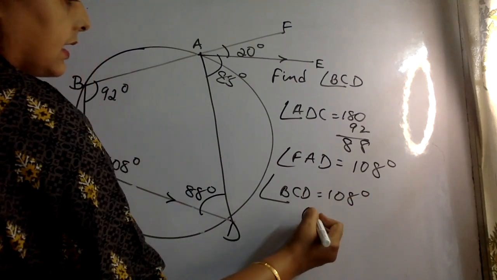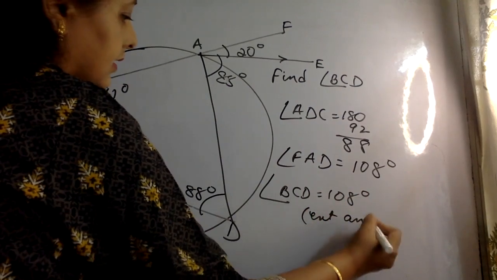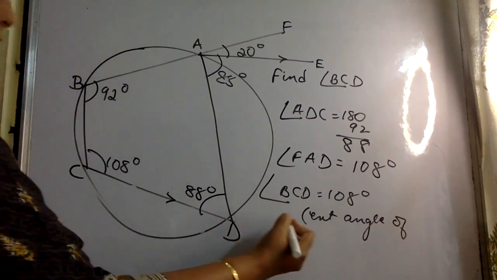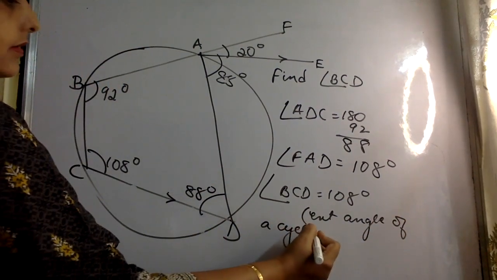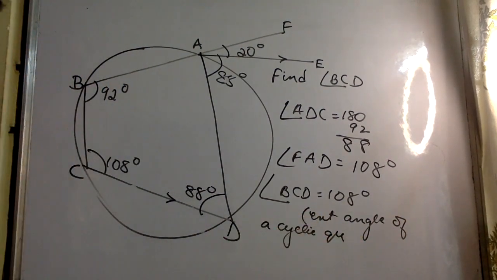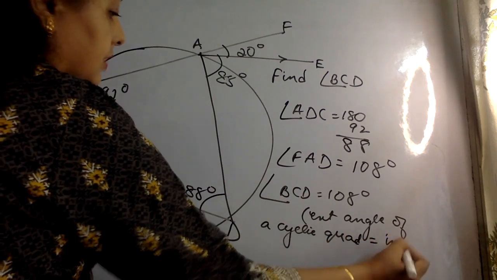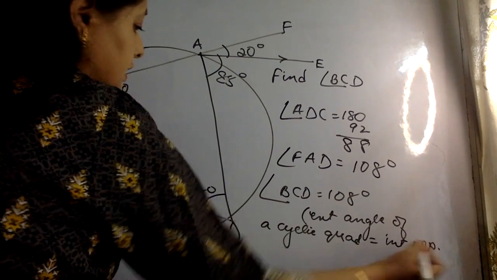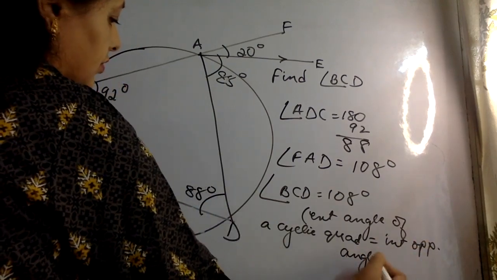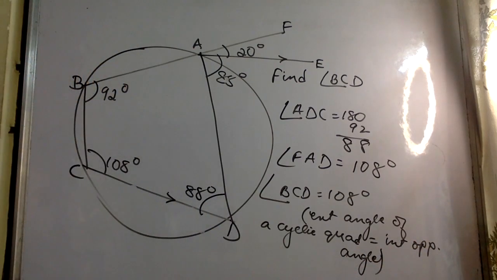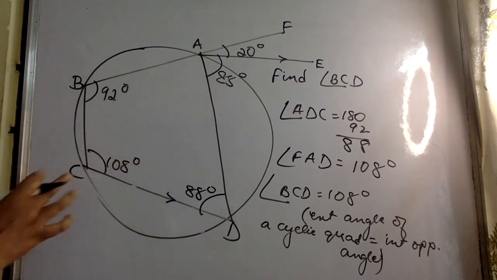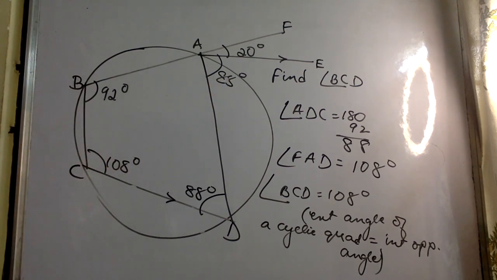That is, the exterior angle of a cyclic quadrilateral is equal to the interior opposite angle. I have already talked to you about this. So this angle becomes equal to this one. So that is the whole thing.